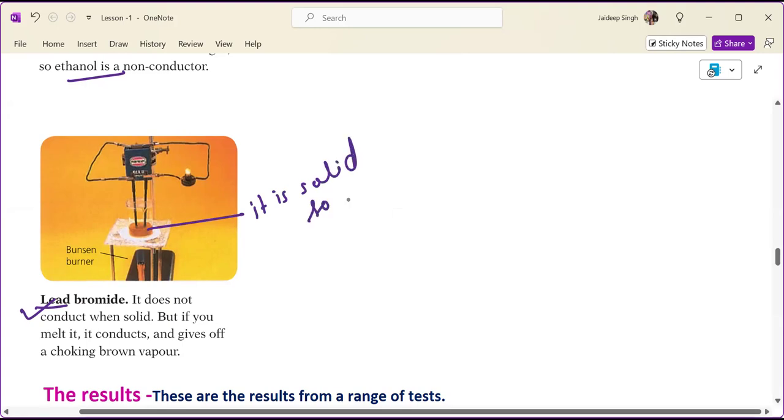It does not conduct in the solid state, right?